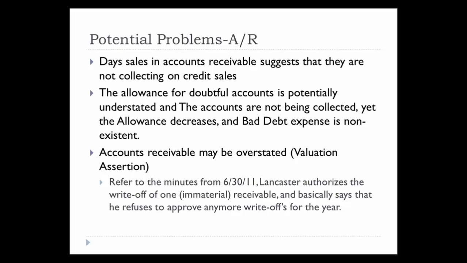Remember, the assertions establish the framework. So what audit procedure, given Apollo's environment, their controls, is going to best address the assertions, and that's how you decide what procedures you should include.